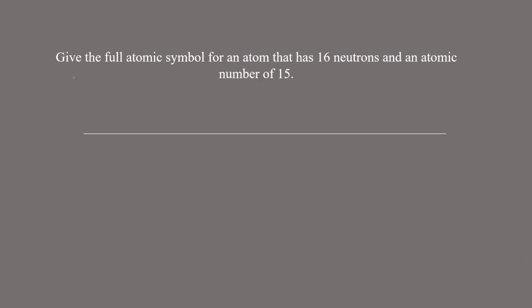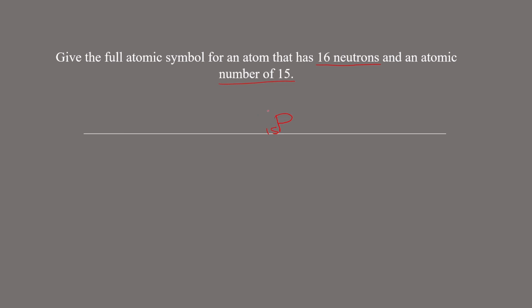Now here you have to give full atomic symbol for an atom that has 16 neutrons and atomic number of 15. Okay. Atomic number 15, if you look at the periodic table, you will find that it is phosphorus, P. Atomic number goes as a subscript like this.